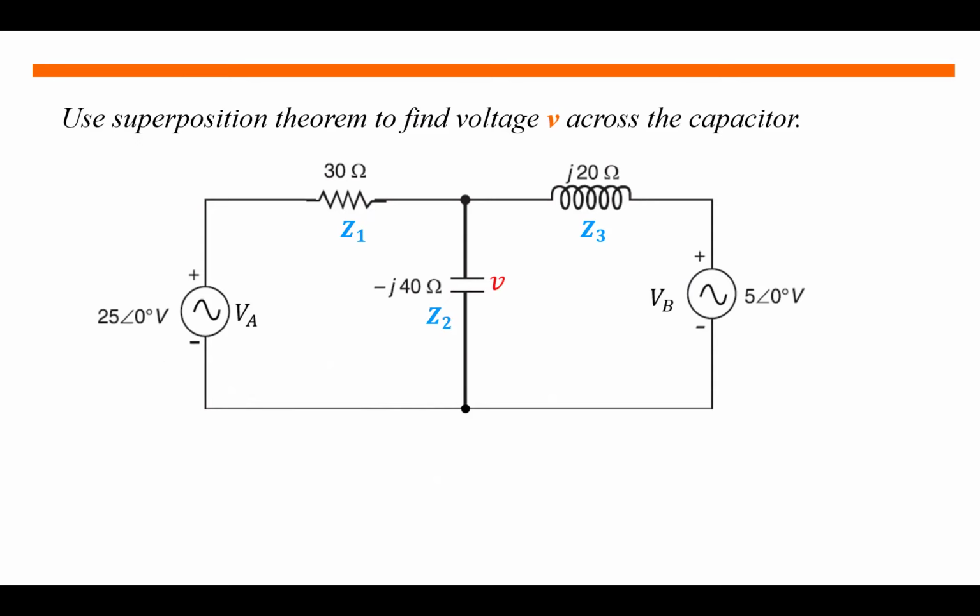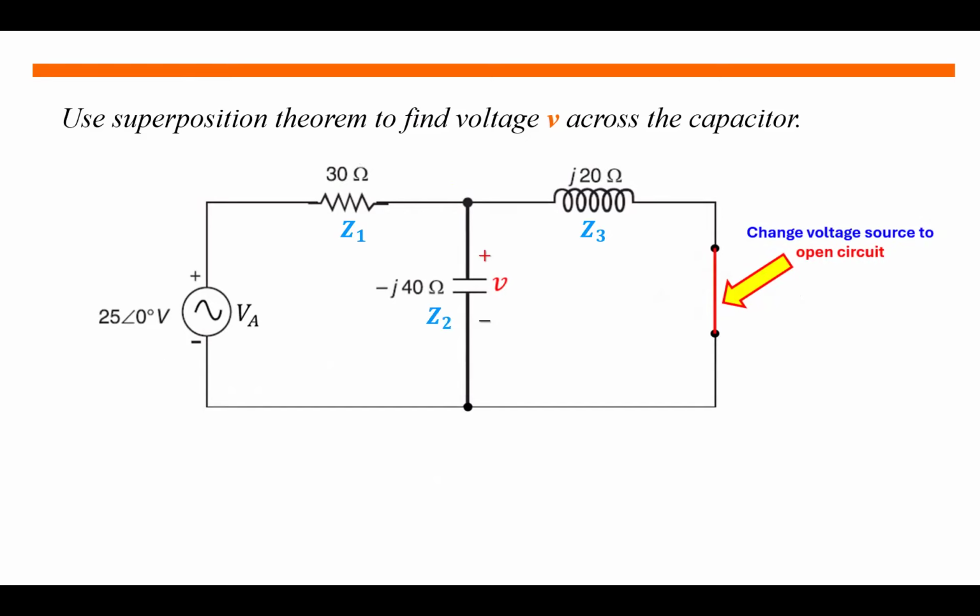So we have here two sources again, V sub A and V sub B. So ang gagawin natin, considering yung isang voltage source muna, say for example, V sub A. So whether you choose V sub A or V sub B, it doesn't matter. Just choose one. Pili lang tayo ng isa kung alin ang gusto nating mauna. Okay? So let's just consider first V sub A as our source voltage.